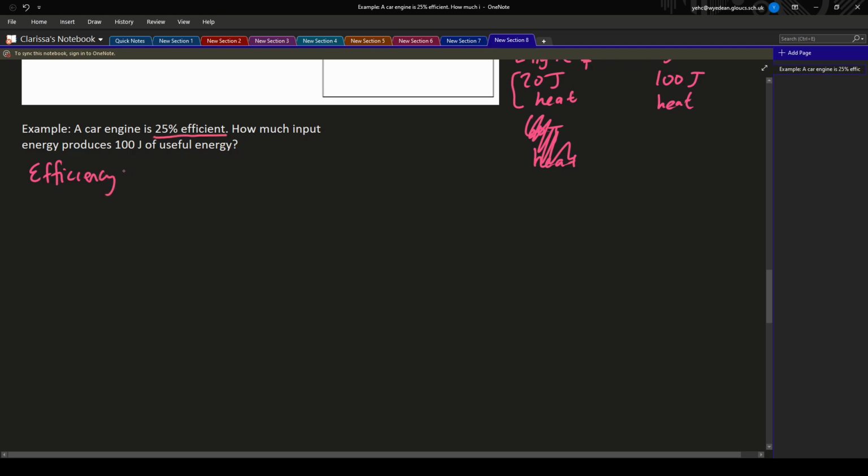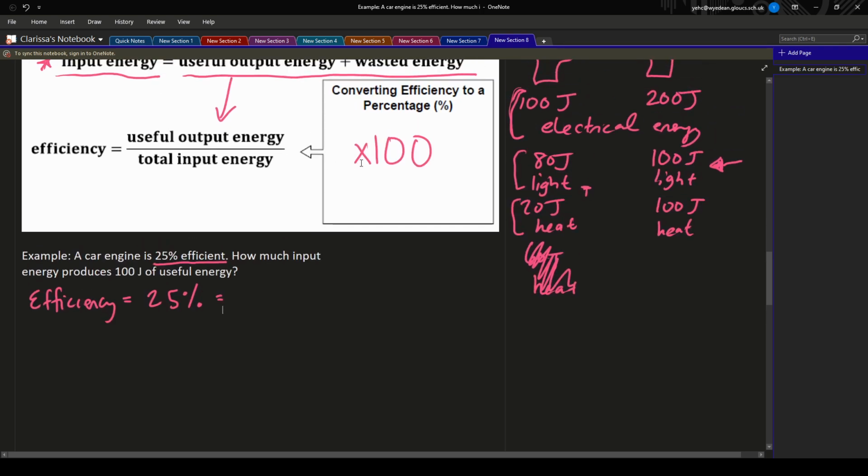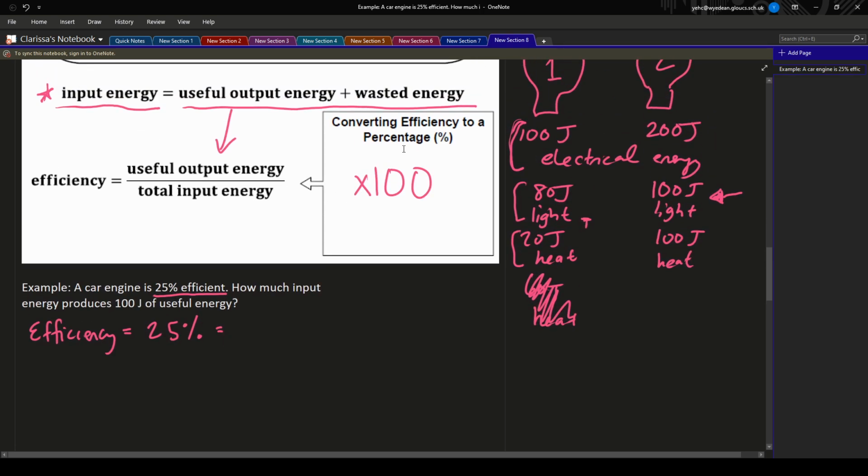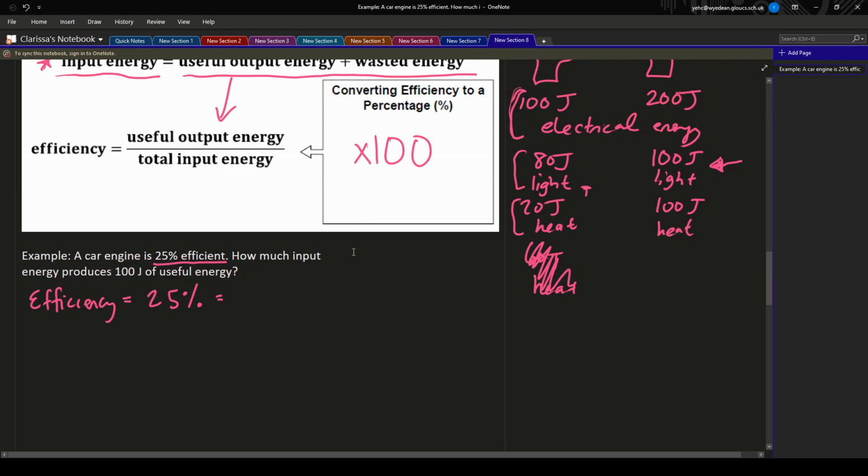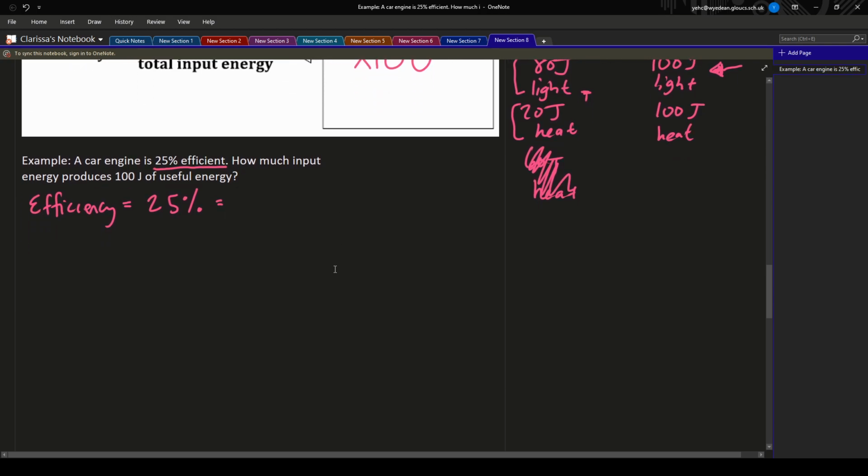I'm underlining that and writing it in my list. 25%. I'm also going to write it as a decimal, because when you're changing to a percentage you're timesing by 100. To change it back to a decimal, you divide by 100. So 25 divided by 100 is 0.25.